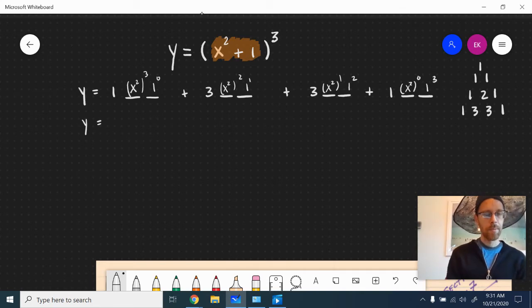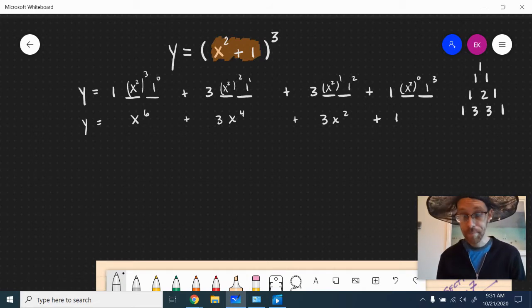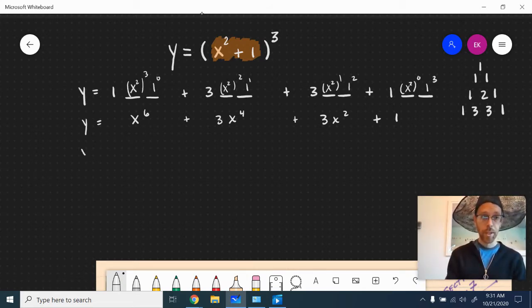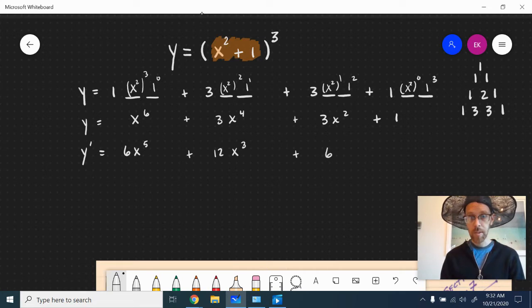And all of that simplifies down to x to the 6th plus 3x to the 4th plus 3x squared plus 1. The derivative of which, I'm feeling lazy, so I'm just going to call it y prime, would be, using the power rule, 6x to the 5th plus 12x to the 3rd plus 6x.